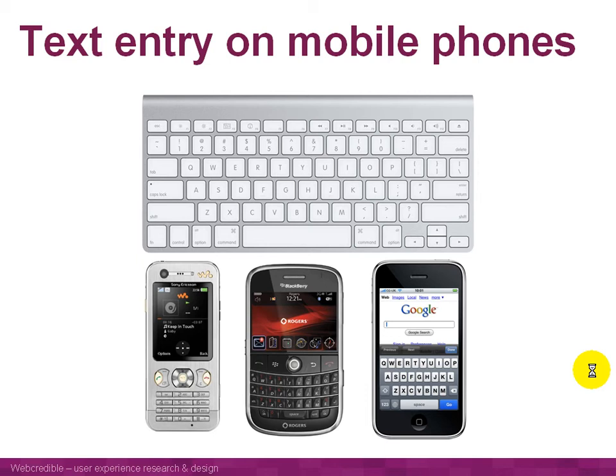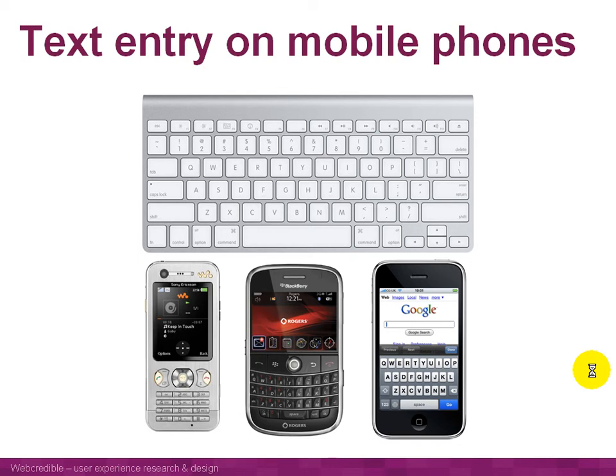The second key difference is when it comes to text entry. Using the sort of PC keyboards we have at the top, we're generally quite good at these. They've got large buttons, they're spread out nicely and designed for use with our fingers, and we generally do a decent job of using those. But the same can't be said of entering text using mobile phones.